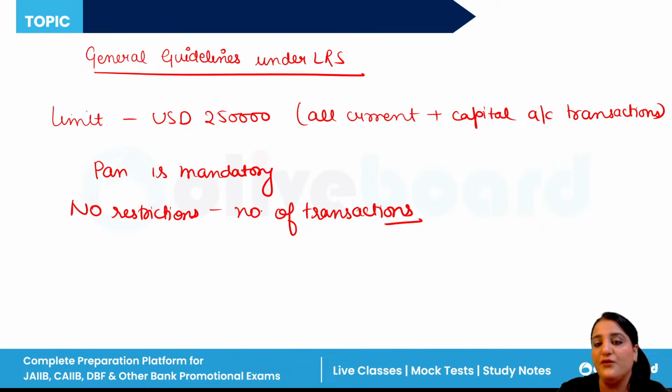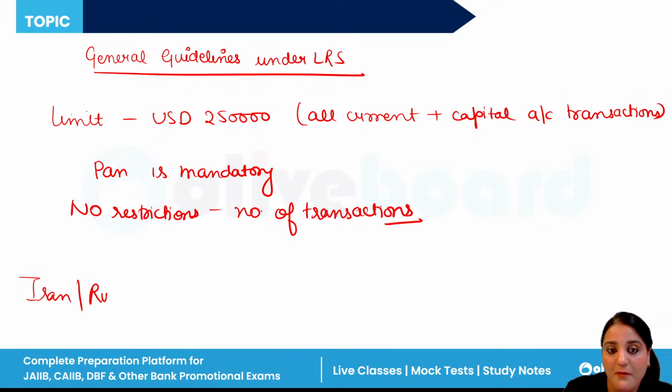And if there are new customers, they have to go through due diligence and bank statement. Funds have to come from legitimate savings and income. Credit cards can be used for current account spends, right? But how to release foreign exchange in cash? See, in the case of Iran and Russia, the full amount in cash is allowed, right?